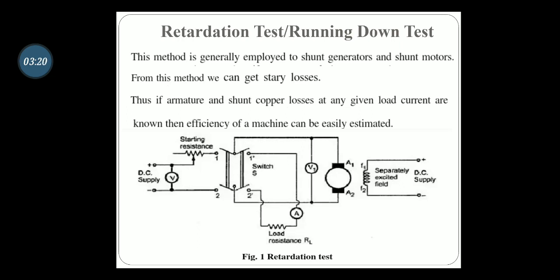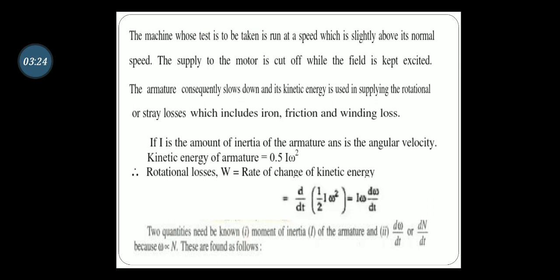The motor slows down and its kinetic energy is used in supplying the rotational or stray losses. The stray loss includes the iron, friction and windage losses, and that stray loss we have to determine here.